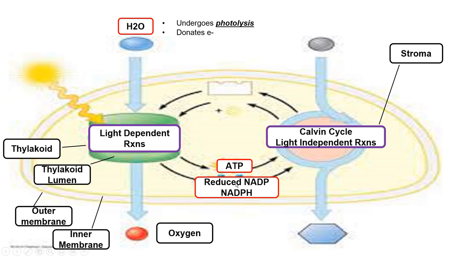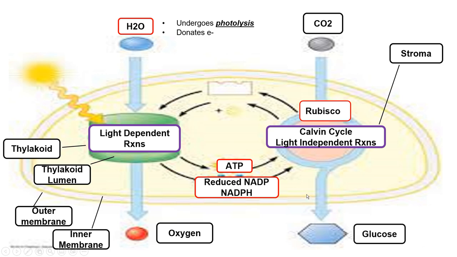Some of the inputs and outputs, the reactants and products, are familiar to us. We know that plants need sunlight. We know they need water. We know that oxygen is a waste product of photosynthesis. And we know that plants also need carbon dioxide and that they produce glucose. What we're going to look at today are the details of the roles that these different components play and how some of these waste products and products are produced.